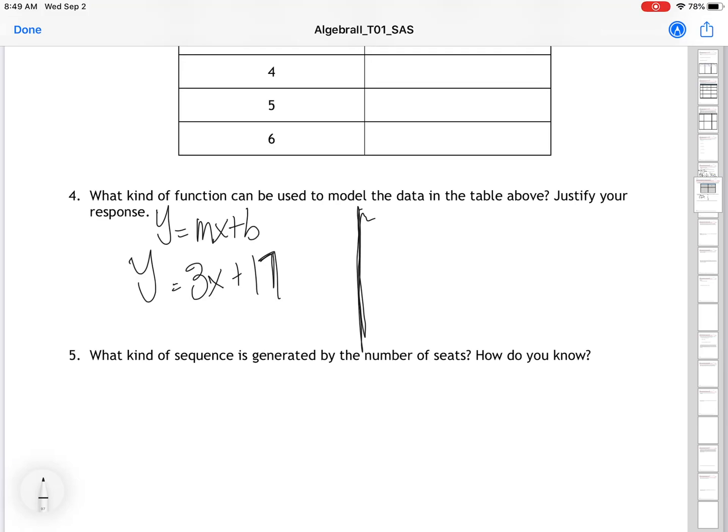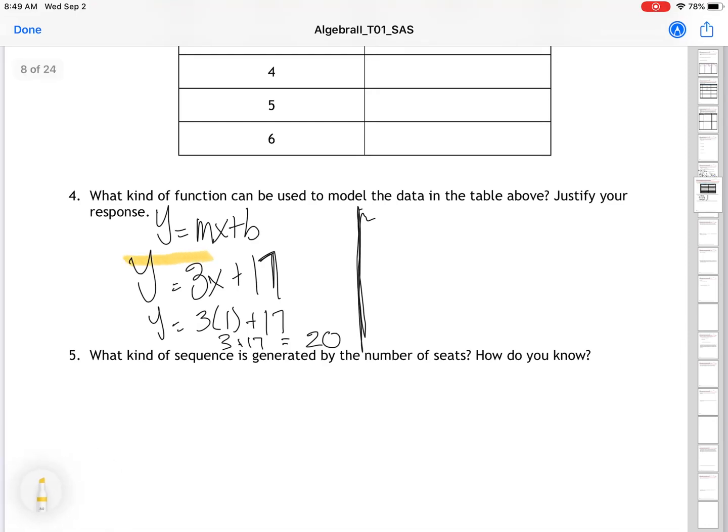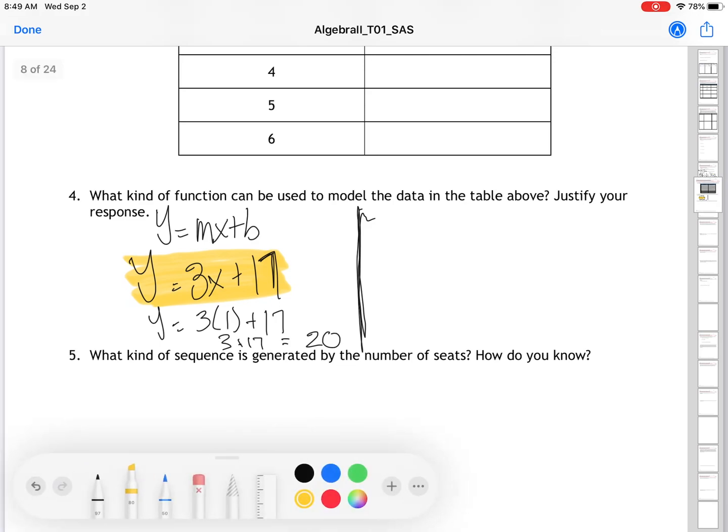That's because when we plug in a 1, we need to get a 20. 3 times 1 is 3, plus 17 is 20, okay? So this is one equation you can use, okay? And the other one, I think, is a little bit simpler, okay?